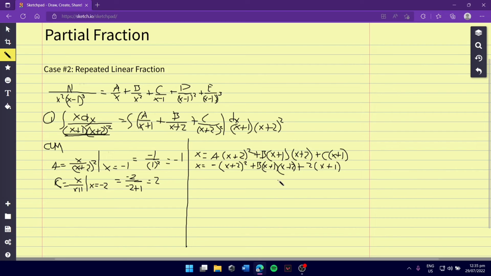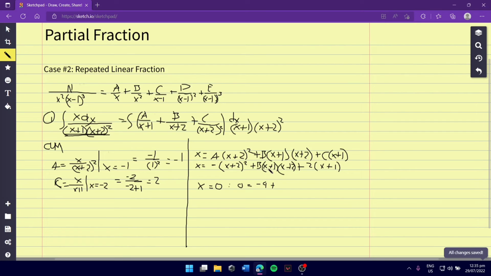make sure that the value of B will not become 0. So we will use x equal to 0, right? Since x here is equal to 0, this will become 0. Then substituting 0 in the x, it will become 2 squared, which is 4. Since this is negative, this is negative 4. And then your B, which is 2.